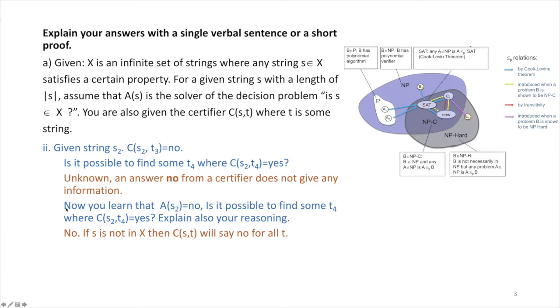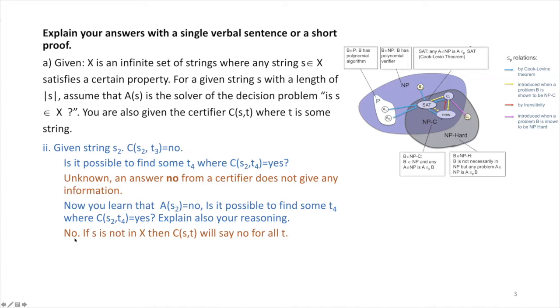The next question is, now you learned that A(S2) is no. Is it possible to find some T4 where C(S2,T4) is yes? Explain also your reasoning.